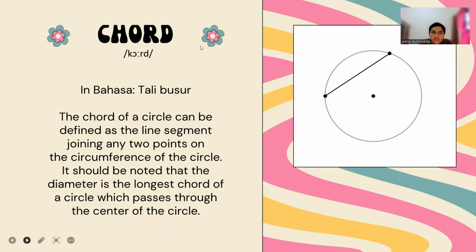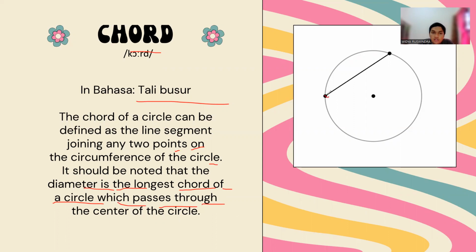Next vocabulary is chord. In Indonesian, we say tali busur. The chord of a circle can be defined as the line segment joining any two points on the circumference of the circle. It should be noted that the diameter is the longest chord of the circle, which passes through the center of the circle.